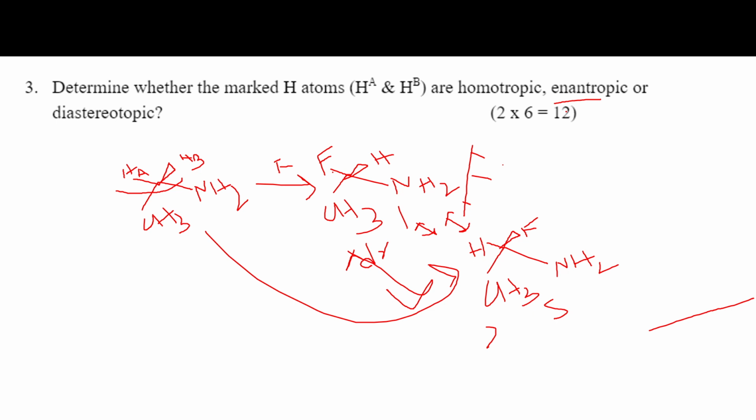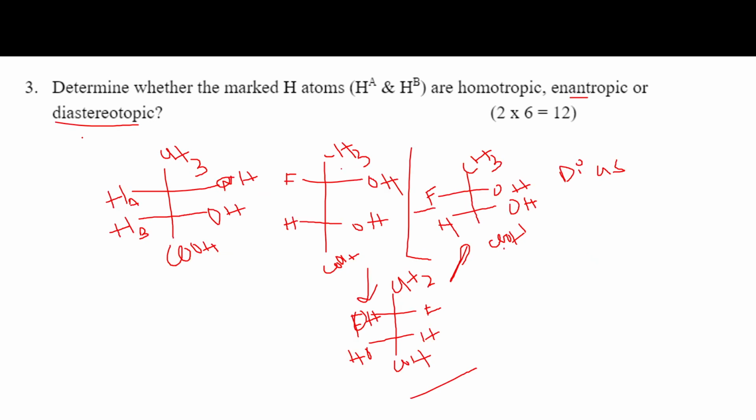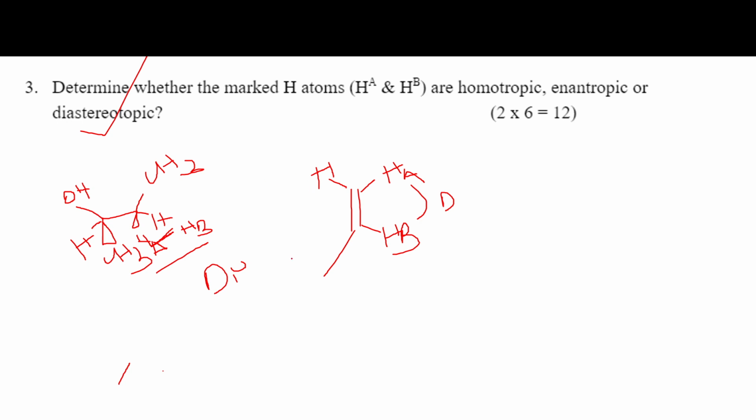If they give the same molecule after replacing, then that is homotopic. And if they are not mirror images and not the same molecule, then that is diastereotopic, like this example, between this Ha and Hb, which are diastereotopic to each other.